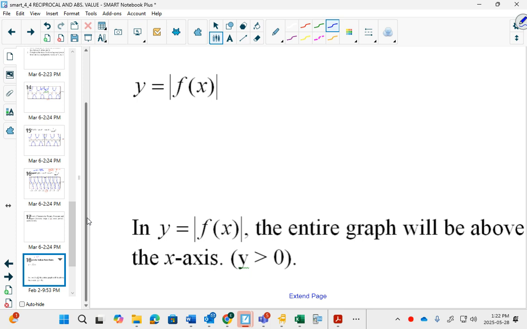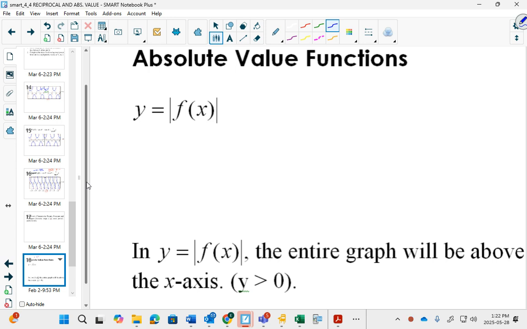I'll scroll back up so you can see the title again. Absolute value function.